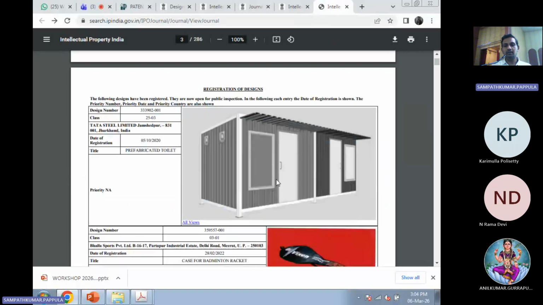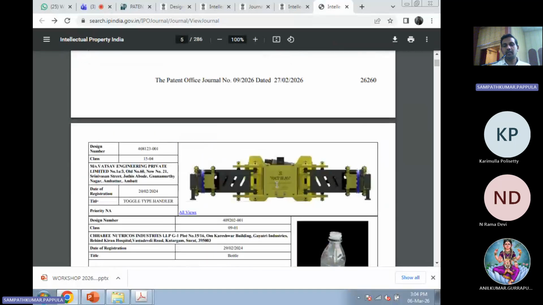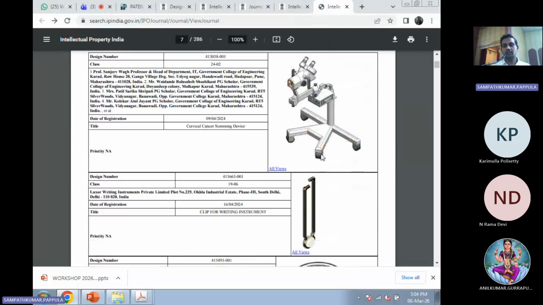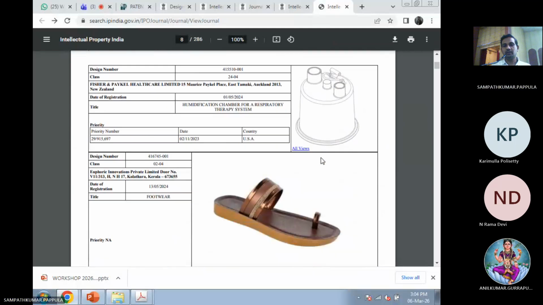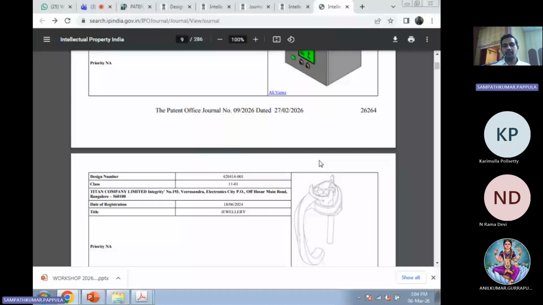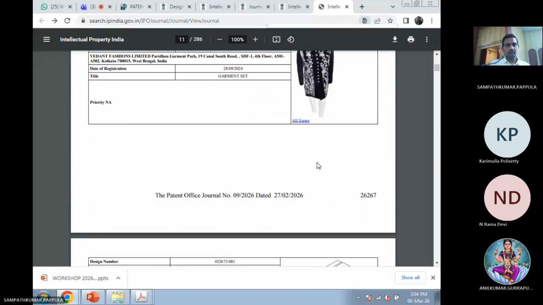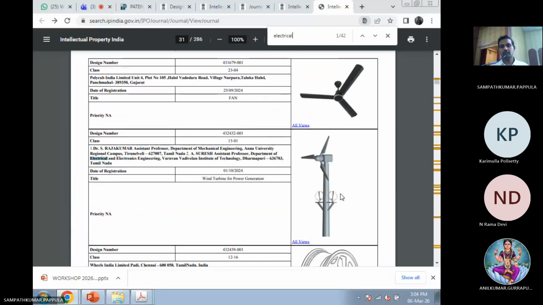Our electrical products are also there in this. This is some robot. Let me show you what it is. Okay, this is the windmill.